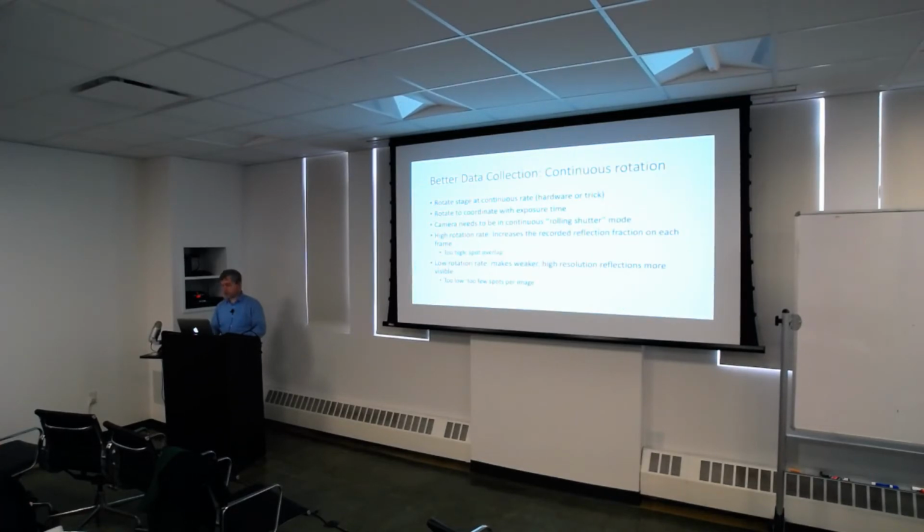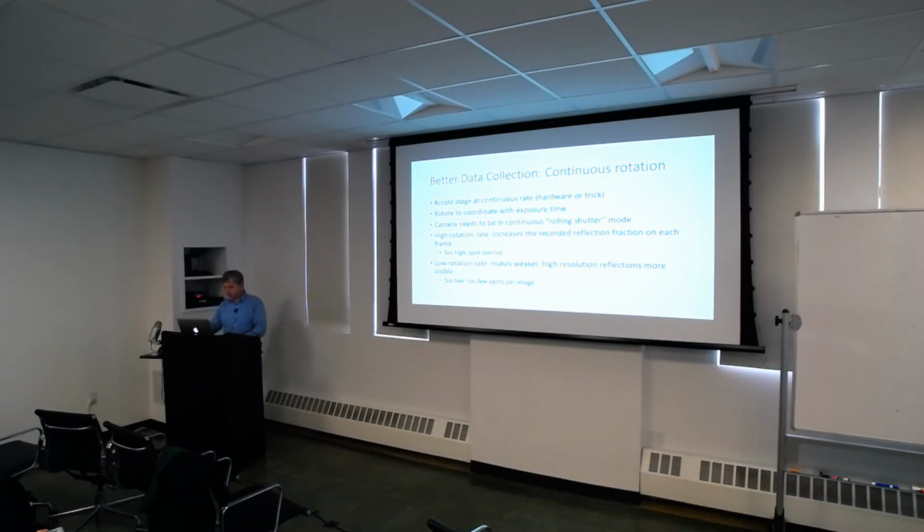So the better data collection is continuous rotation, where you rotate at a continuous rate. Unfortunately, you need a hardware trick to do that, because none of the stage controls let you tilt it at a defined rate. They let you tilt to a certain angle, but the manufacturers never figured that anyone would want to tilt it at a defined rate.